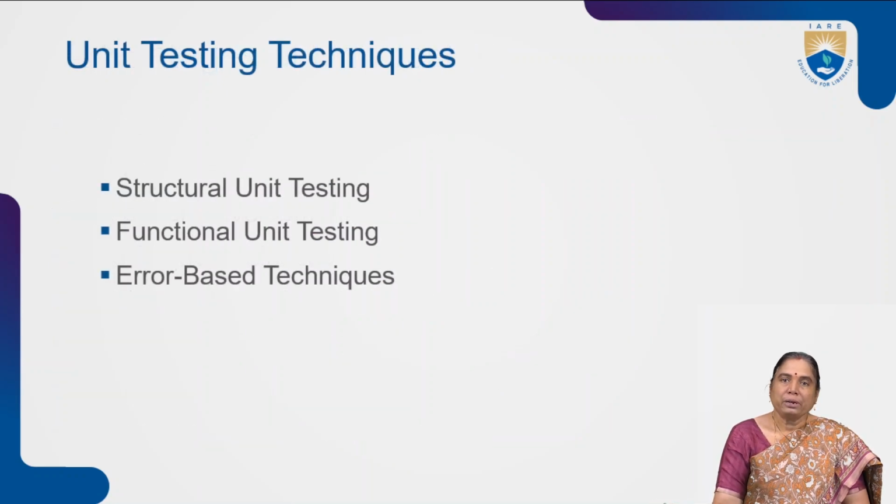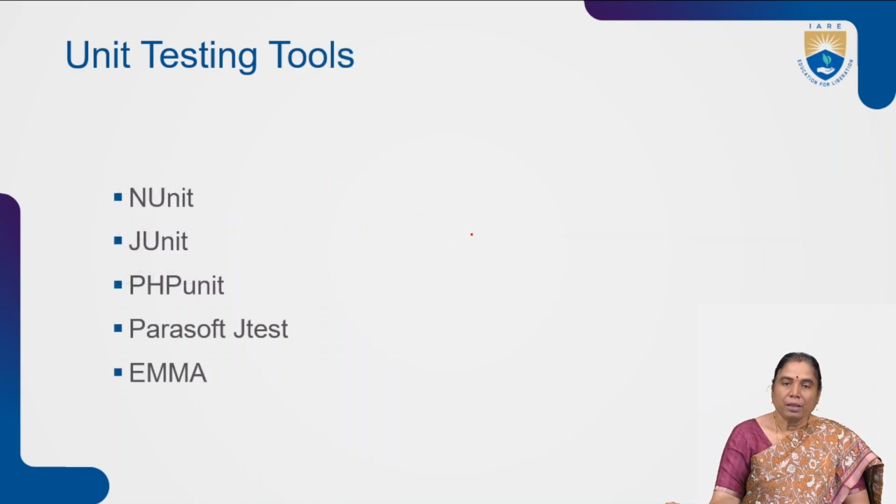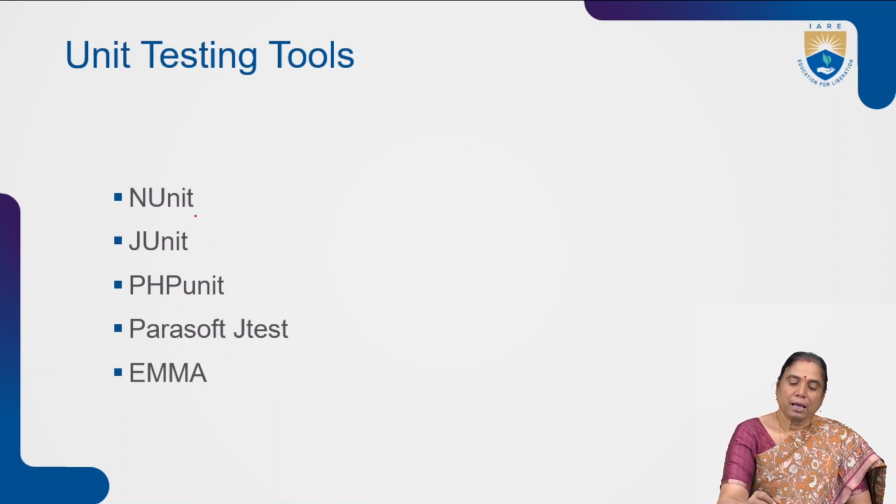The general unit testing techniques are structural unit testing, functional unit testing, and error-based unit testing. A variety of unit testing tools are available. They are NUnit, JUnit, PHPUnit, Parasoft JTest, and EMMA.